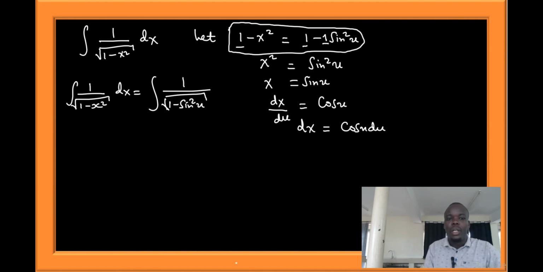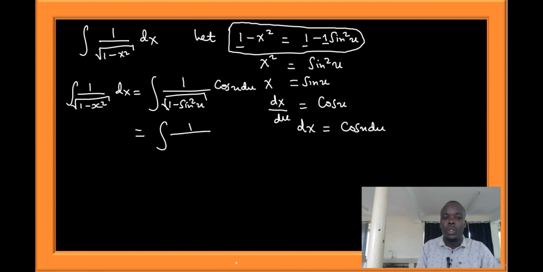But instead of writing dx, because the variables are now changing, we shall write cos of u du. Then we need to remember that 1 minus sine squared of u is the same as cos squared of u. So we shall have the integral of 1 out of square root of cos squared of u, multiplied by cos of u, with respect to u.